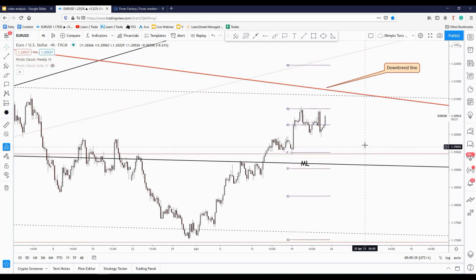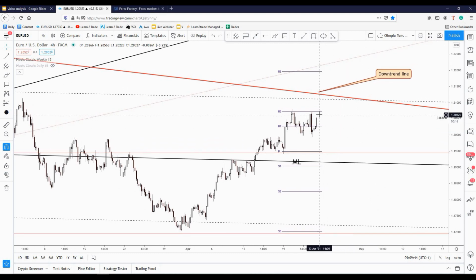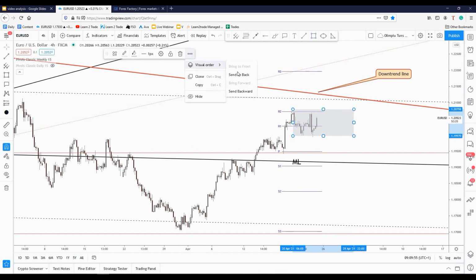And better than expected US data could only bring maybe a new temporary decline here within this minor range. And I don't believe that some good data today could change the sentiment.